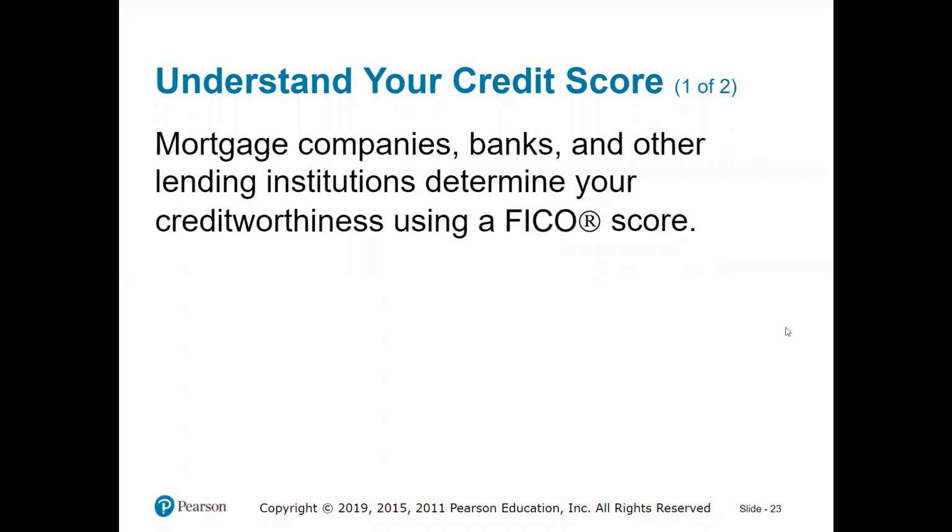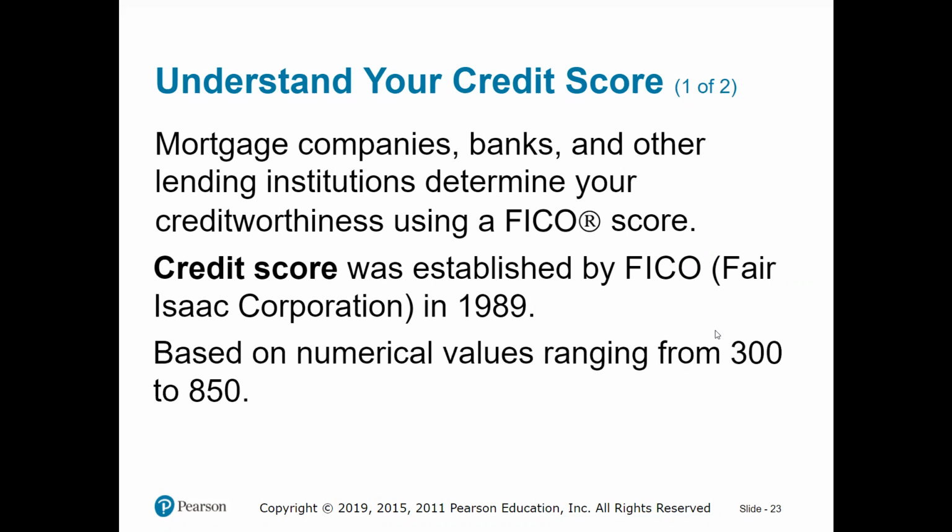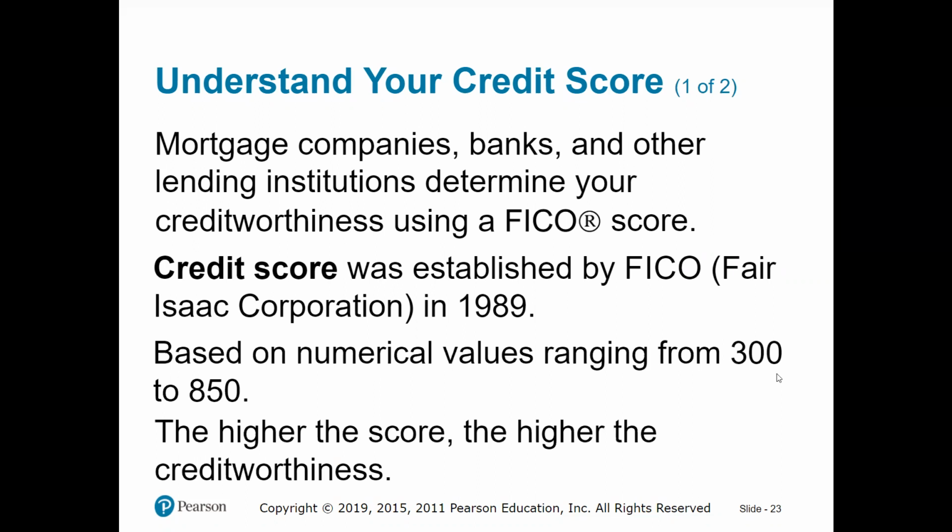Understand your credit score. Mortgage companies, banks, and other lending institutions determine your credit worthiness using a FICO score. Credit score was established by FICO, Fair Isaac Corporation, in 1989, based on numerical values ranging from 300 to 850. The higher the score, the higher the credit worthiness.